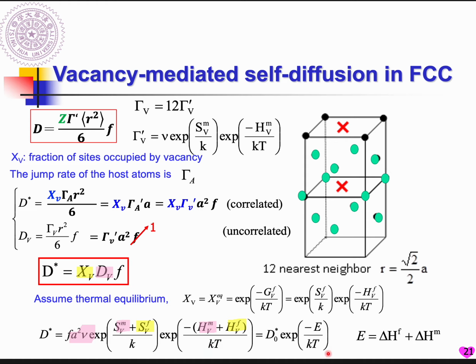So based on this equation, how do we get the E? Any idea? The way would be, I can measure the self-diffusivity of the diffusing atom at different temperatures, for example 200K, 300K, 400K, and 500K. Then you have different D star, right? Take the log D and plot log D versus 1 over T. From the slope you can get the E, and from the intercept you get the log D, so you can get the D0 star.